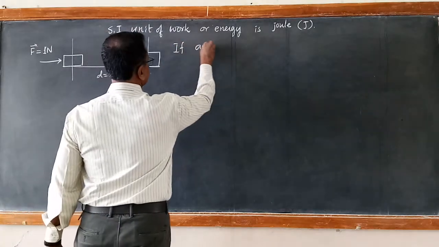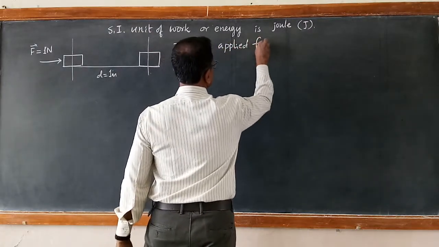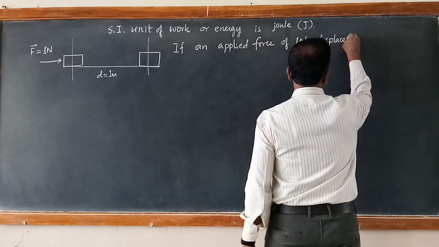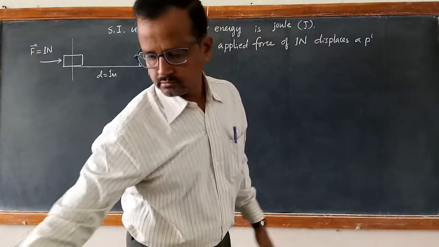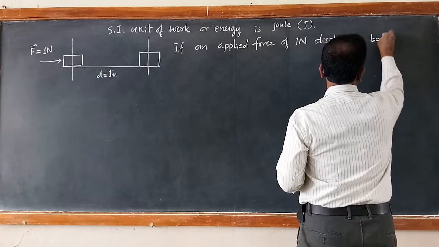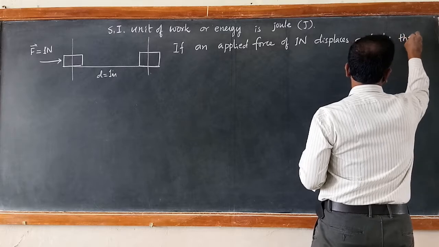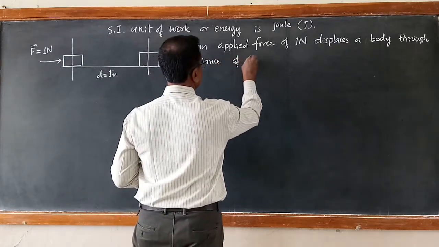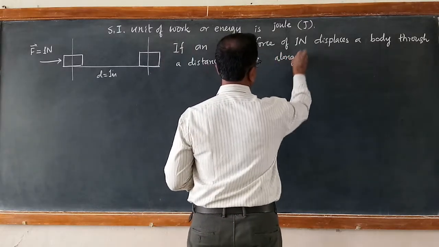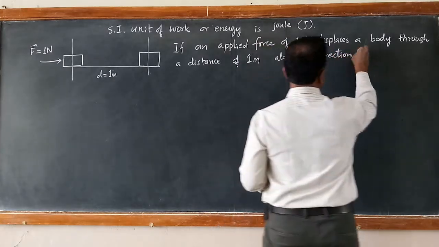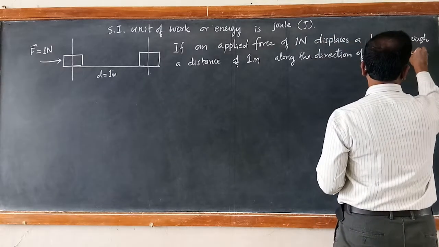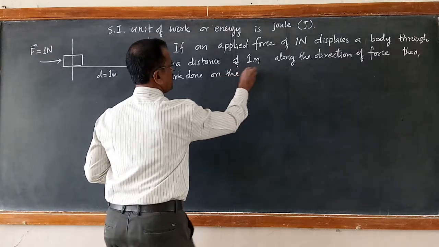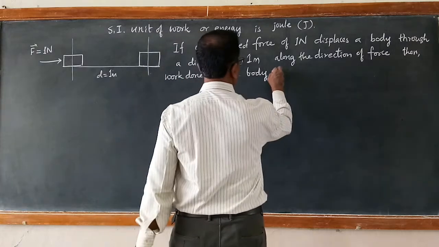If an applied force of 1 Newton displaces a body through a distance of 1 meter along the direction of force, then the work done on the body is equal to 1 joule.